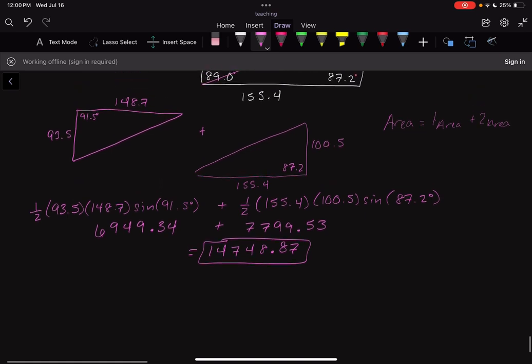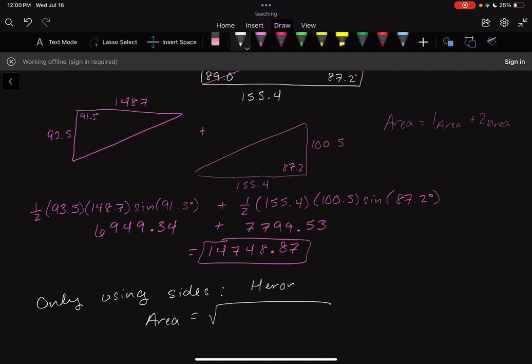And then there's one more formula that I want to give you. This is not something that we have to use, but if you only have sides, there's another area equation we can use. It actually has a special name. It's called Heron's formula.